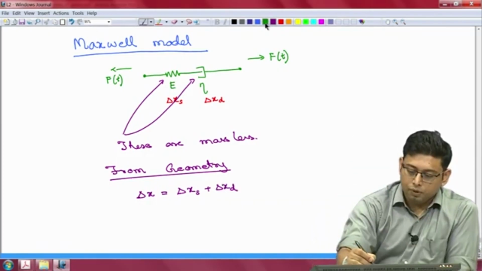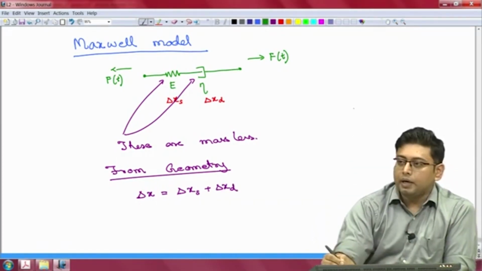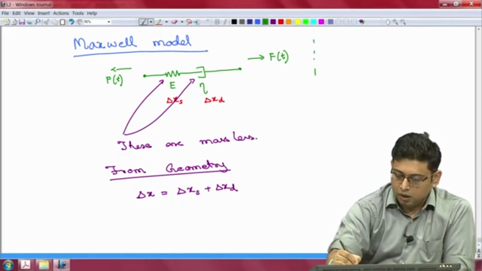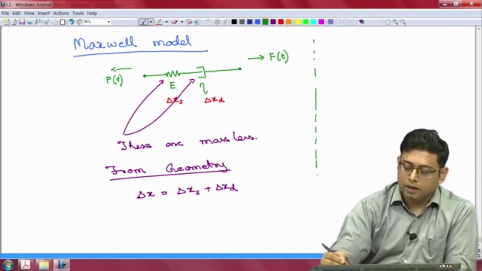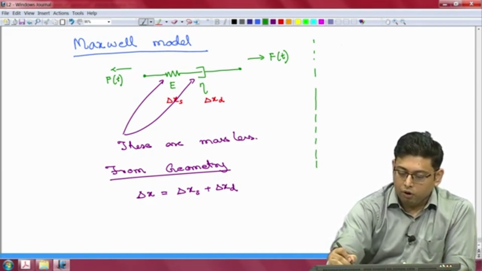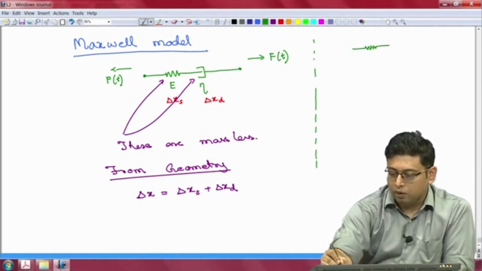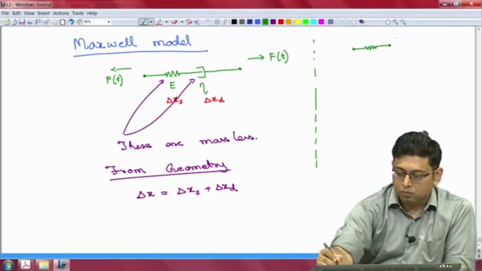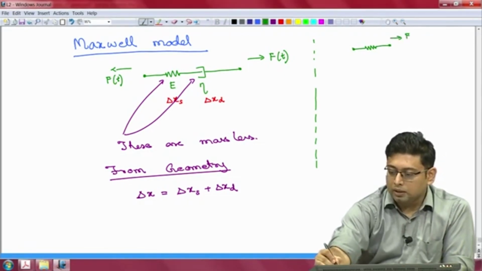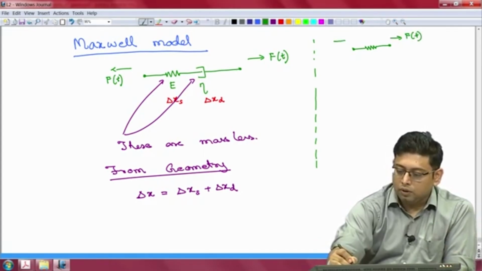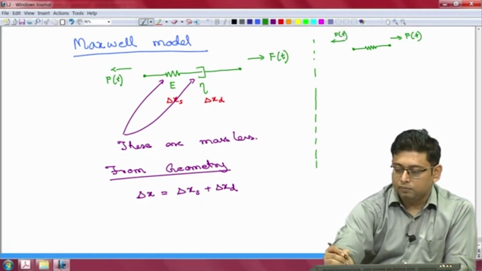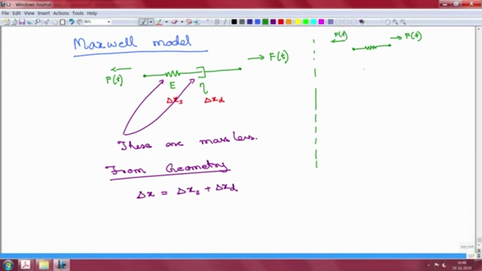We want to apply force balance. So, consider these as separate entities. Okay. So, I am just going to create a separate pane here and draw that. So, if the force applied is Ft, then my force balance on the system requires, since these are massless, that the forces on both sides will be Ft for the spring, and similarly for the dashpot.